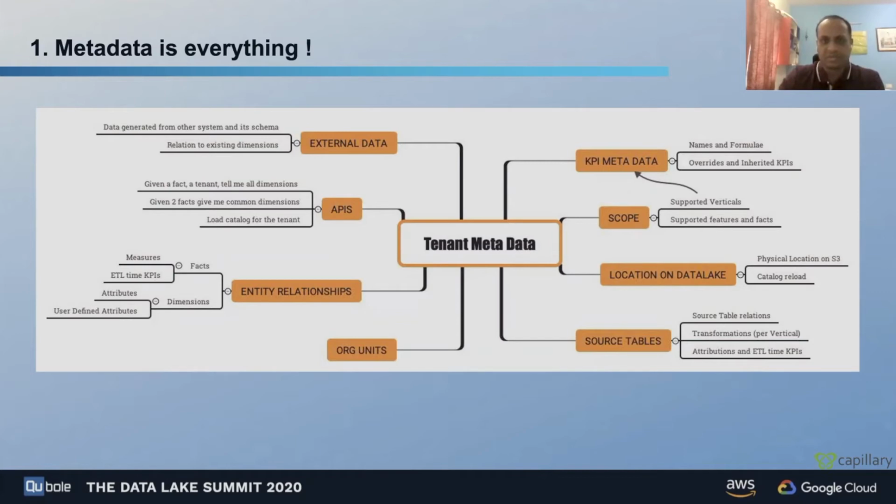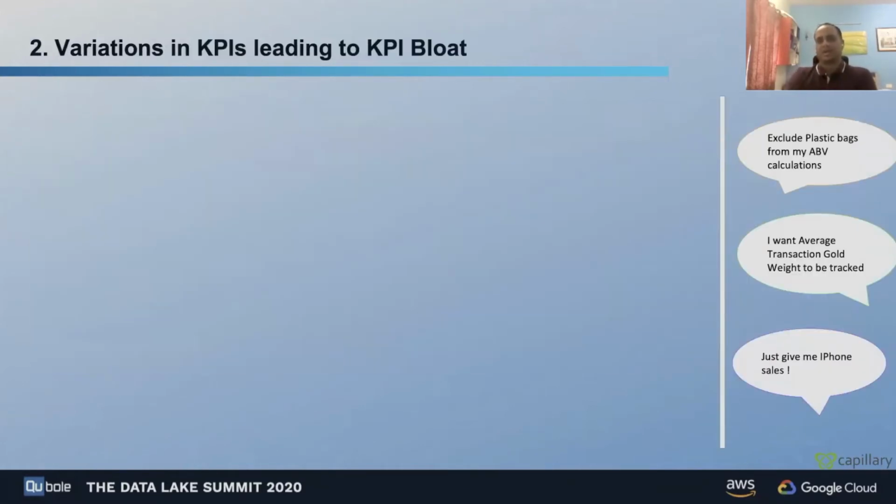So a part of the important learning here is that this comes from the domain understanding. If you're building it for any other domain, you have to model the metadata first before actually building out the data lake. The second learning is around KPI bloating across tenants when you try to build a multi-tenant data lake.